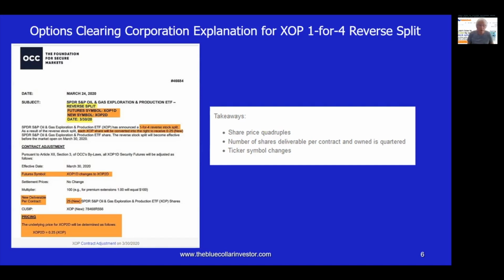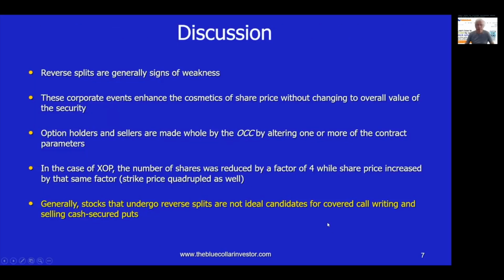The ticker symbol of XOP during this transition did change from XOP to XOP2D. So when trading options for the period of time of transition until all of the older options contracts that were adjusted are gone, the actual ticker symbol will change. And the number of shares deliverable, once again, is quartered.